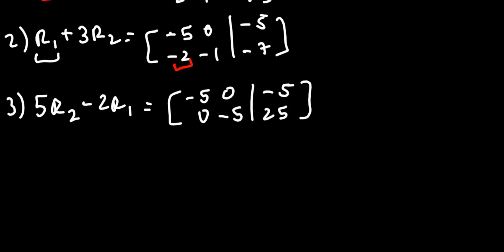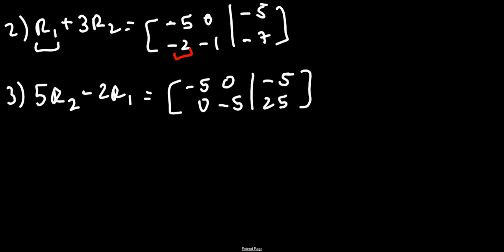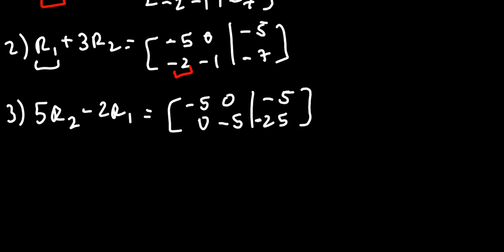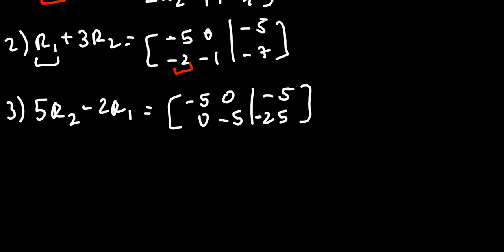As you can see, we have a pretty obvious next step. We see we have a common factor of -5 in all of our elements, so we could just take row 1 and multiply it by -1/5, otherwise divide it by -5, and then we'll do row 2 times -1/5.